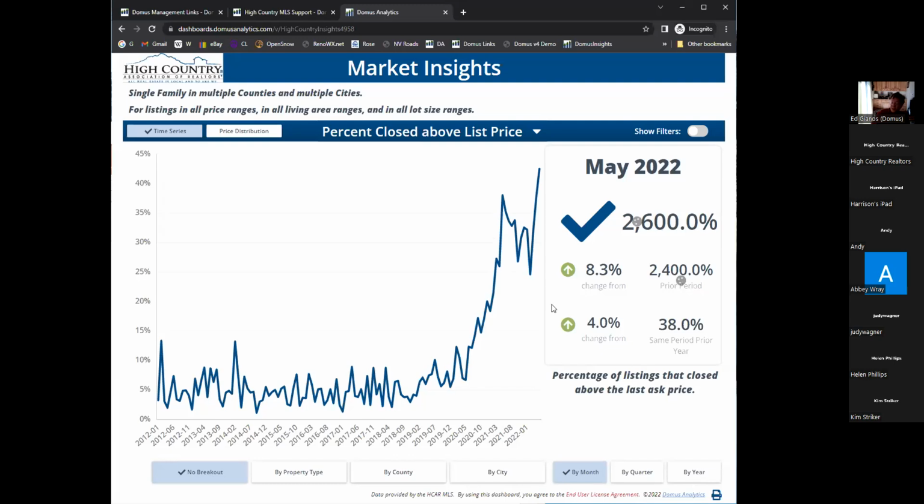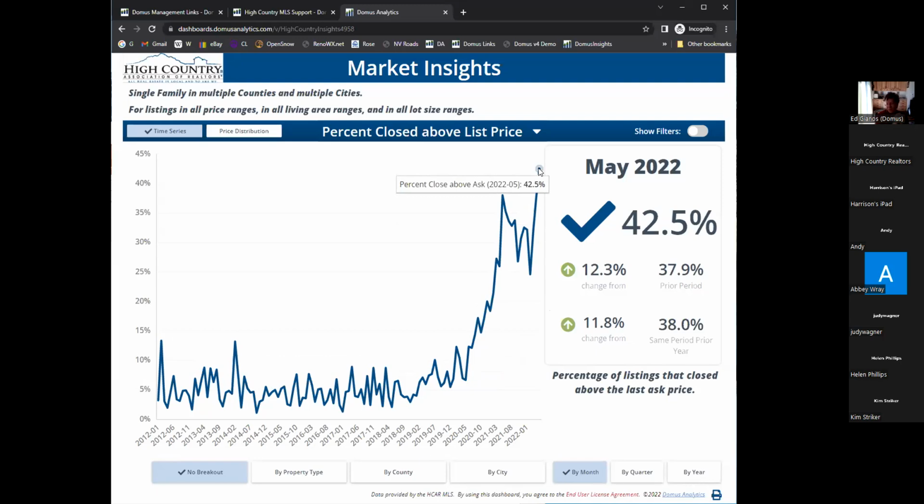Now, earlier when I showed that percentage of ask price received, I said it was a very slow moving metric, very subtle. I like this one better because you can actually see this huge dramatic shift. You know, we've been running historically about 5% of the listings needed to overbid. And now we've screamed up to 43% of the listings that closed in May needed to be overbid.